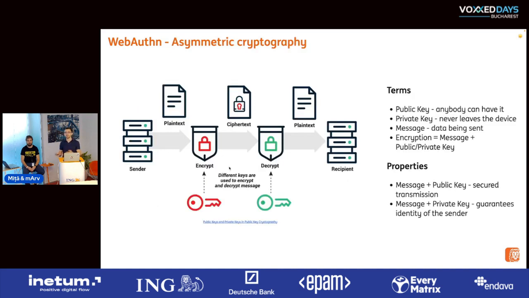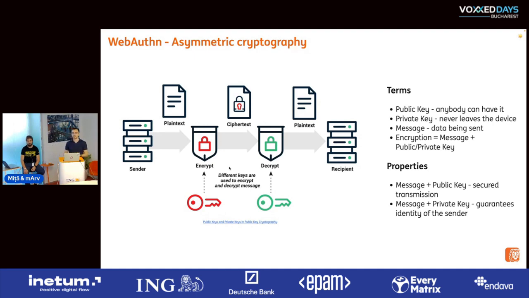And before going any further, we will clarify a little bit the principle behind web authentication. So we say that there is a strong public key-based credential. And what does it mean? So when you send a message over the channel and you encrypt it with the public key, you get a secure transmission because only the one having the private key can understand the original message.